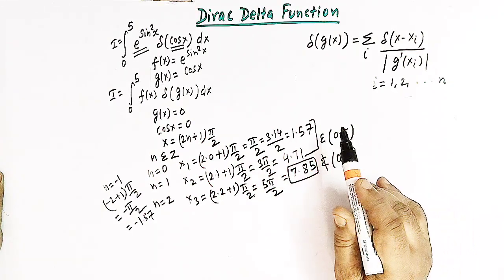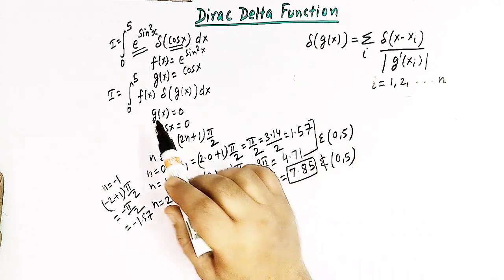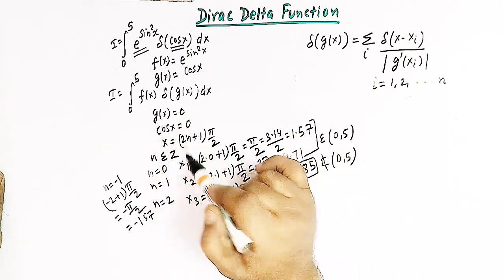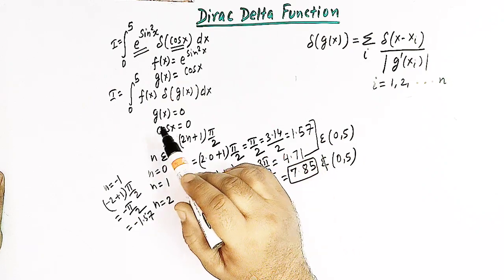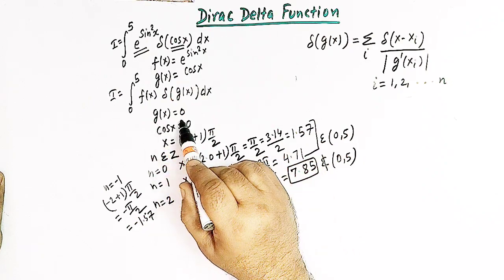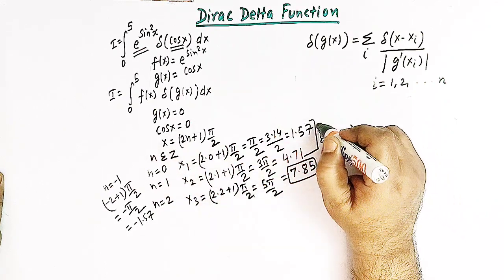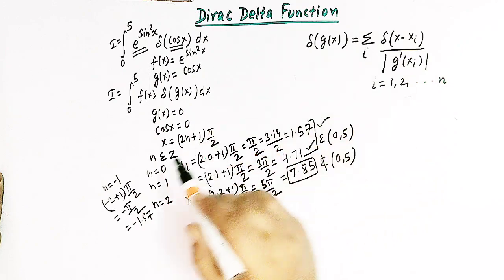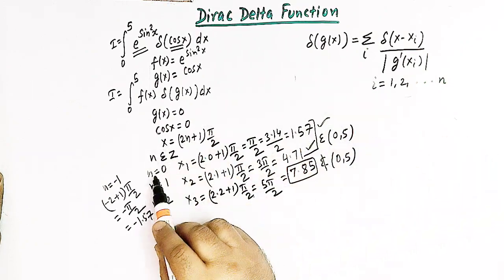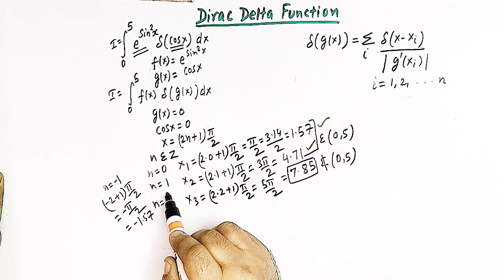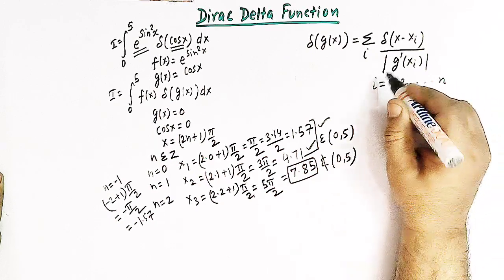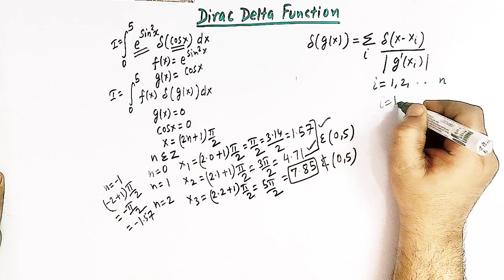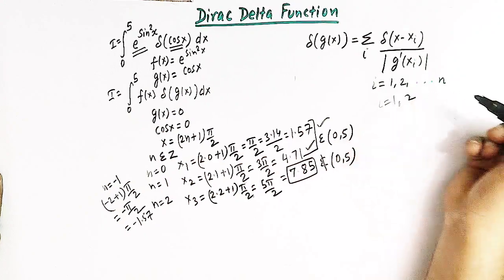The important thing about this problem is that when we solve g of x equals 0, the admissible roots are only these two roots, for n equal to 0 and n equal to 1. So our i in this case varies from 1 to 2.